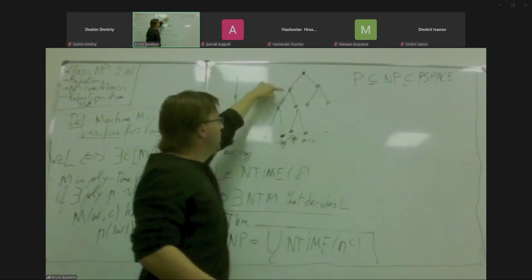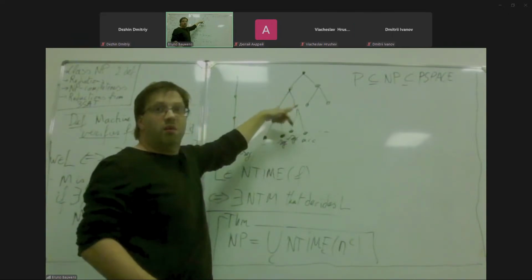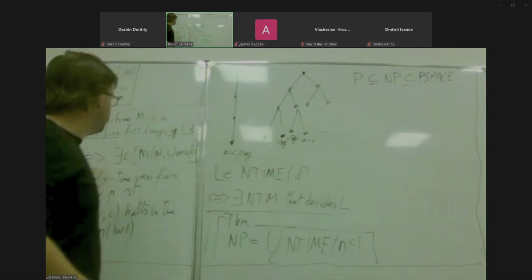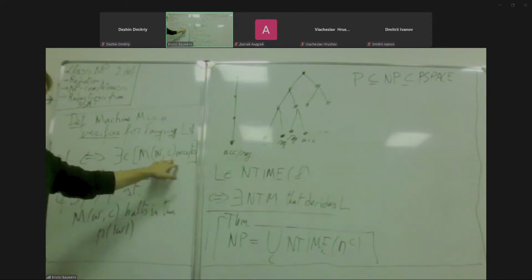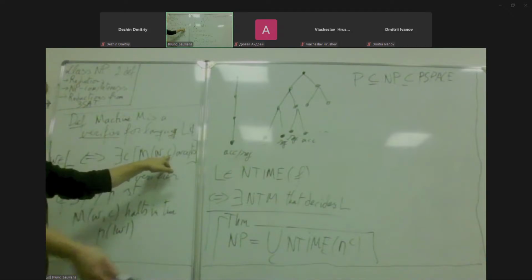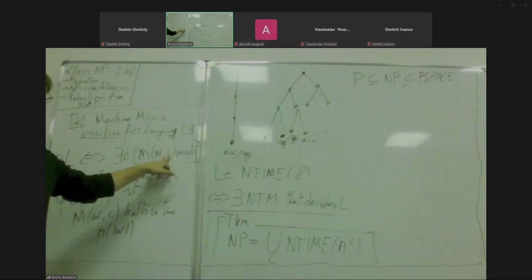What we do is, let's go the first way and search whether we find an accepting leaf. Another way to say it is, let's look at the certificate definition. Here, the length of the certificate is not bounded, but the machine runs in polynomial time. So we can assume the length of the certificate is at most the runtime of the machine, because the machine never has time to look further inside the certificate.